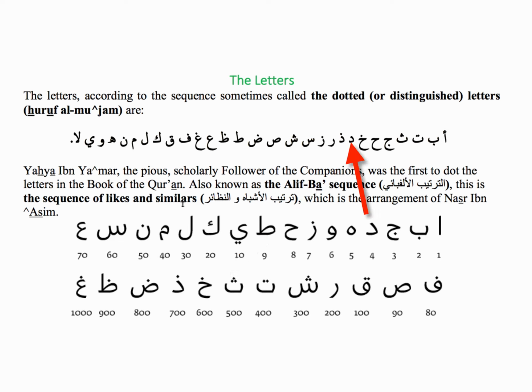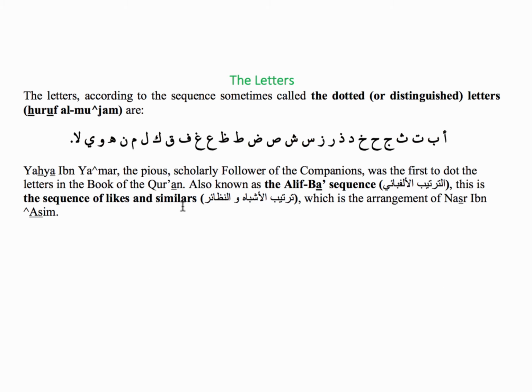So, okay, what's next? Dal. The ha and the waw, he put them towards the end, maybe because they don't have any similar. It makes sense if he's trying to put all the letters that are similar together. Push them to the back. And so in the end, we wound up with that sequence that we're discussing now, at-tartib al-alif-ba'i. All right? Any question about that?